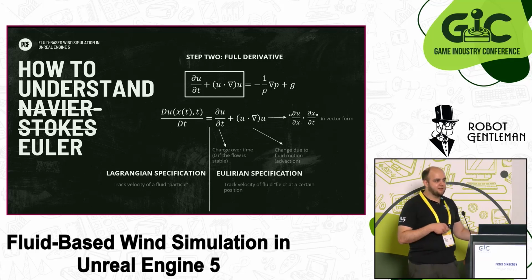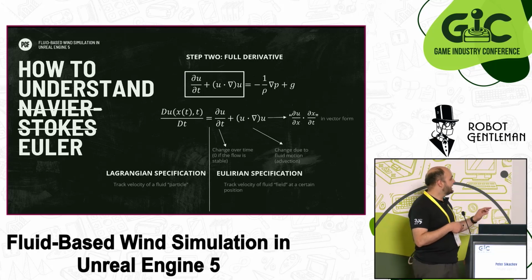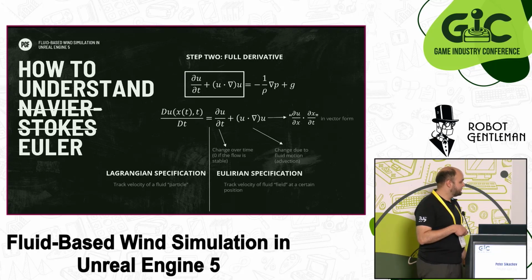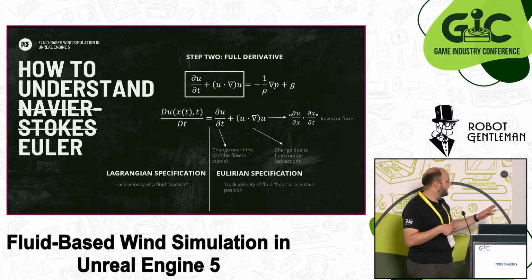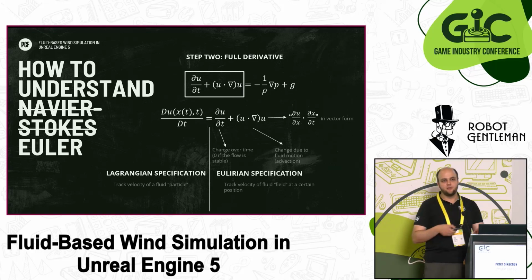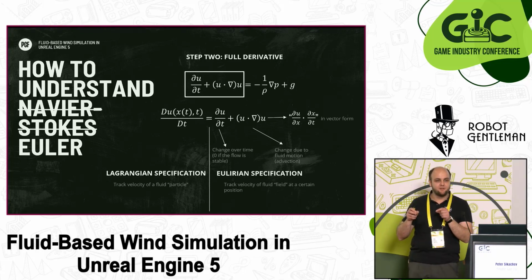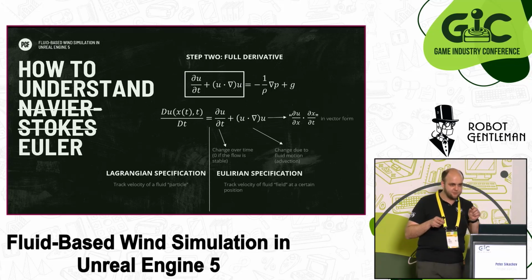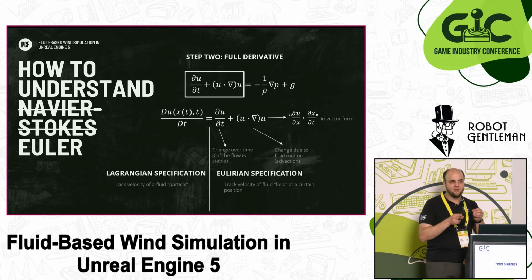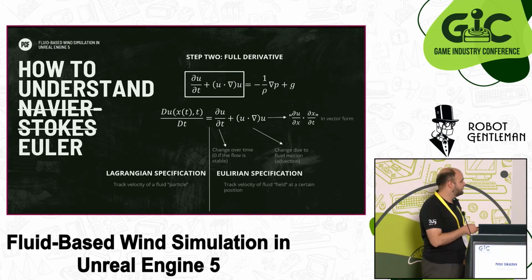But the way to think about this, and the way to not lose your sanity, is to think of it as the Lagrangian specification of fluid and the Eulerian. So that sounds fancy, but in layman's terms, Lagrangian specification is when you think of a fluid as basically a collection of particles, and you trace the life of a particle, taking some small material element and seeing how its velocity changes over time, so there is just du by dt.